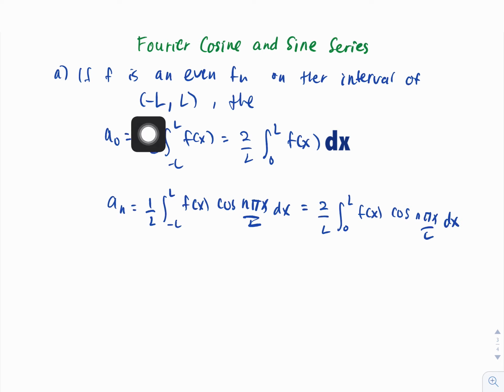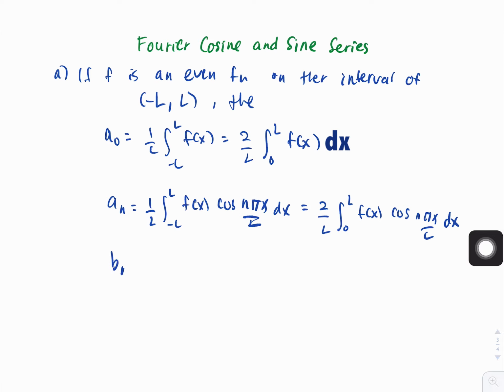Since our f here is even, and we know that cos is also even, even multiplied by even gives an even function. So the integration of an even function gives double the integration from 0 until L instead of from negative L until L.